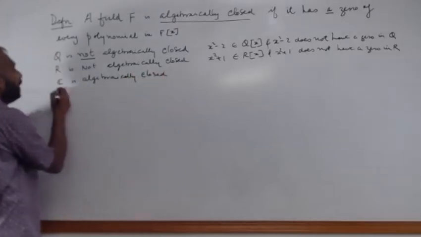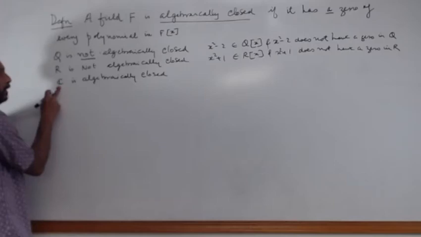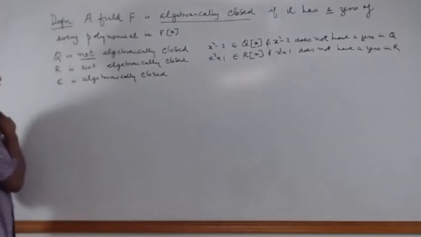If you take any polynomial in C of x, that has a 0 in C.